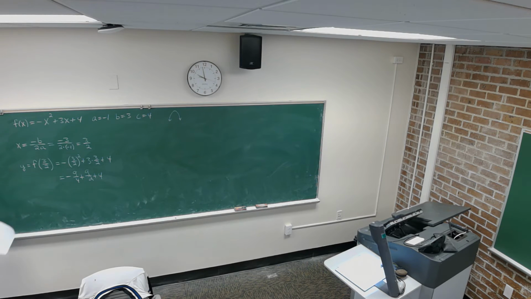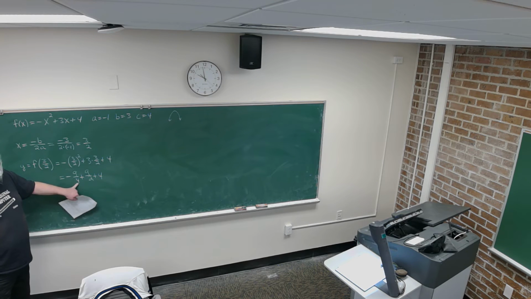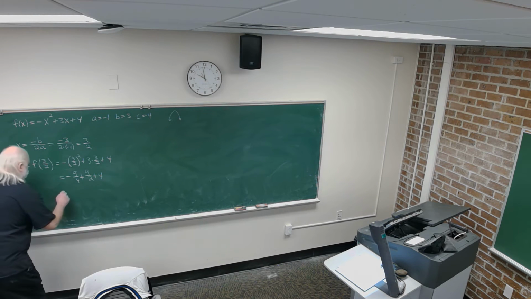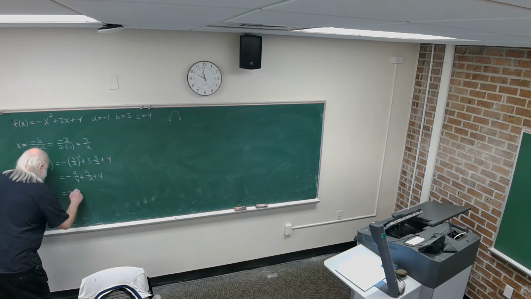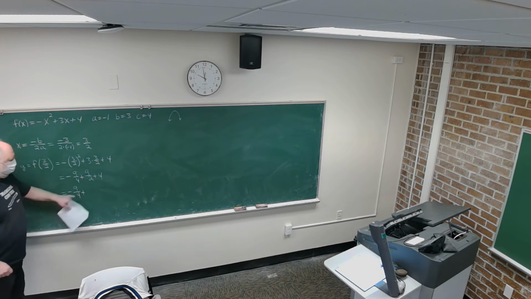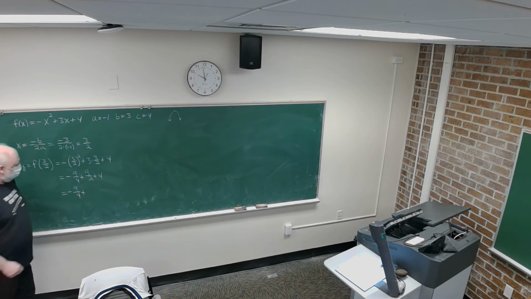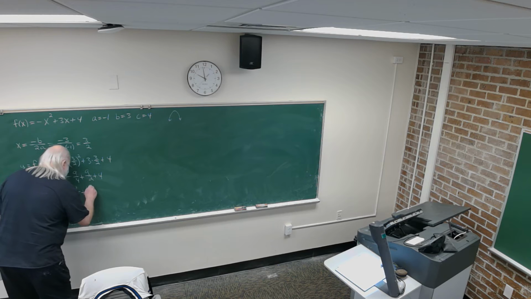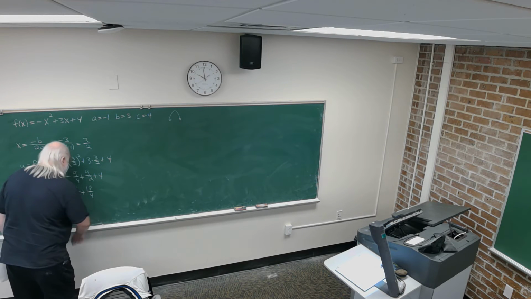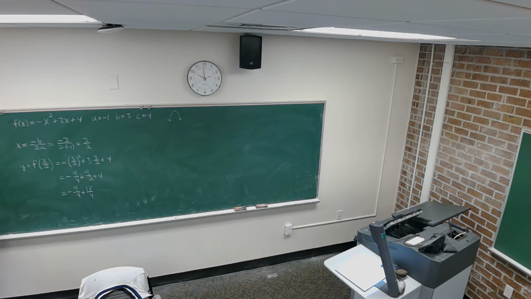So what's the common denominator for those 3 numbers? 4, right? So this is equal to minus 9/4. 9 halves, you're going to multiply top and bottom by 2, and you get 18/4. And 4 is equal to 4 over 1.